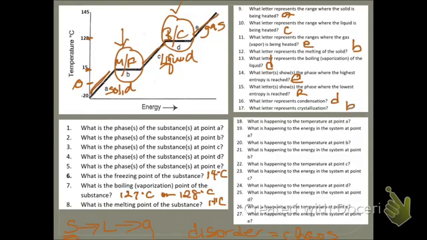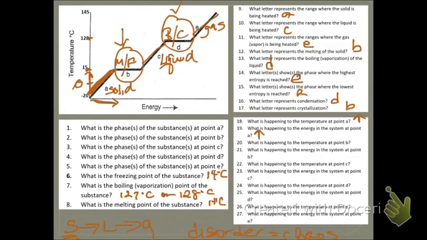Now what is happening to the temperature at point A? If we look at A, it is going up, so our temperature is increasing. I'm going to put an up arrow. What is happening to the energy in the system at point A? Well, as point A goes up, this is also moving forward, so this is also increasing.